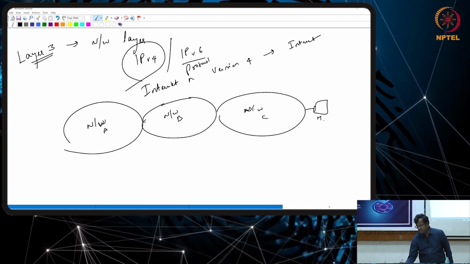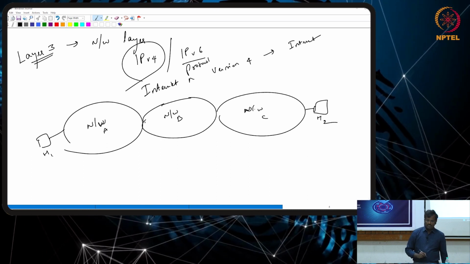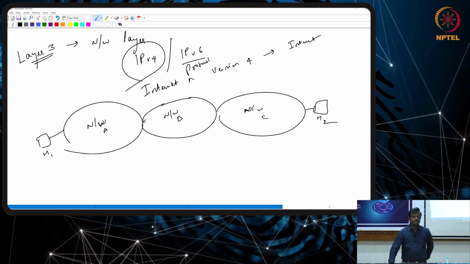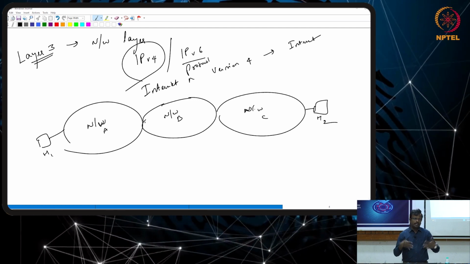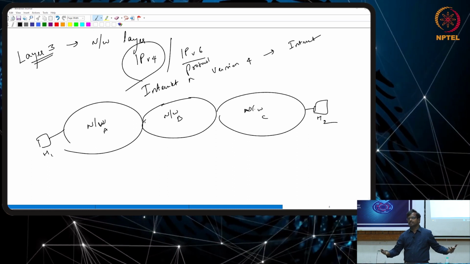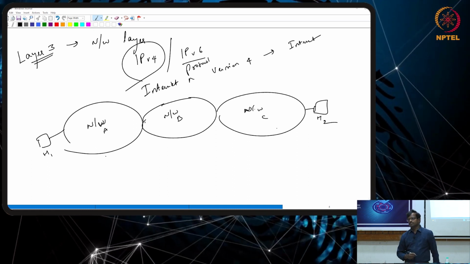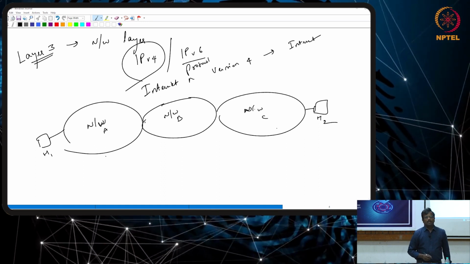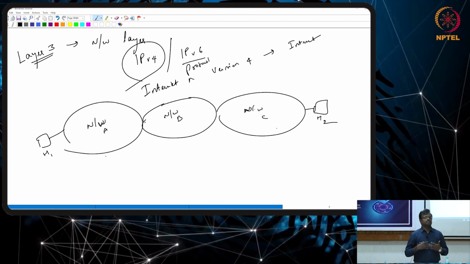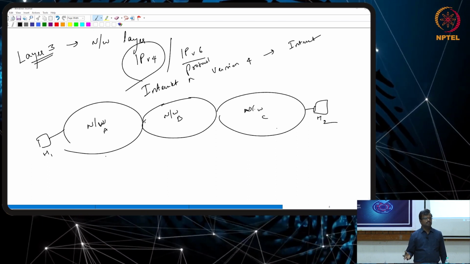Your friend is sitting here, H2, and another person is sitting here, and both computers are connected not in the same network, but across multiple networks. Maybe this is a home, this is an ISP, this is another home network. Your host is connected there. Now my packet has to travel across multiple networks and reach my destination.